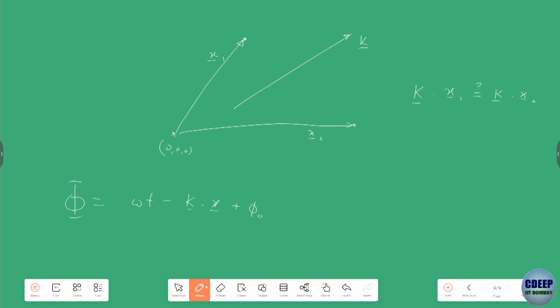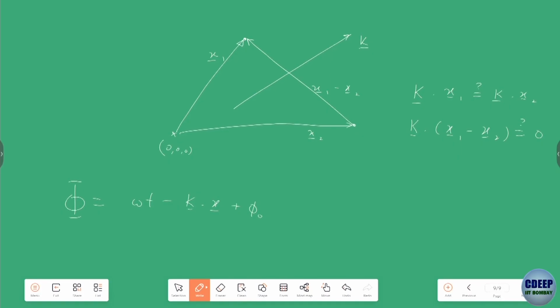So if kappa dot x is constant, the same at these 2 points, then I've got them at the same phase. How do we find out whether this is the same phase? So kappa dot (x1 minus x2) is equal to 0 or not? That's the question to ask. So this vector is x1 minus x2.